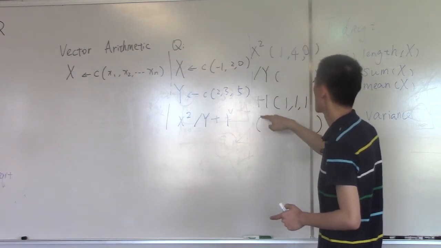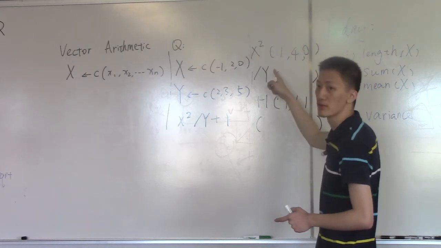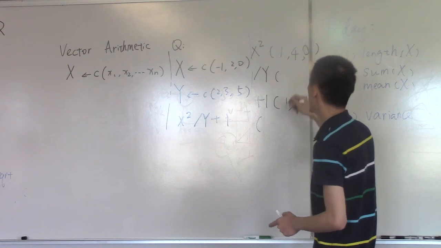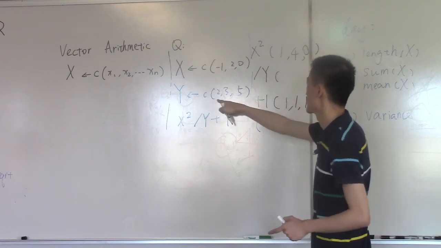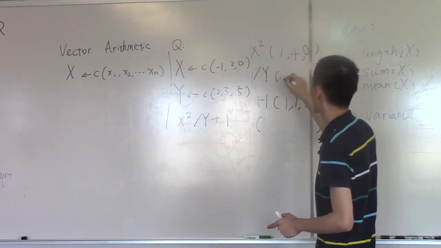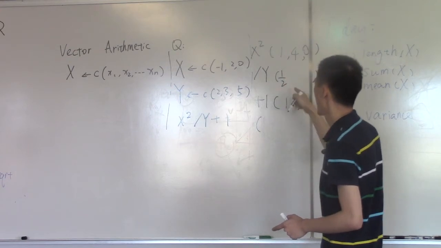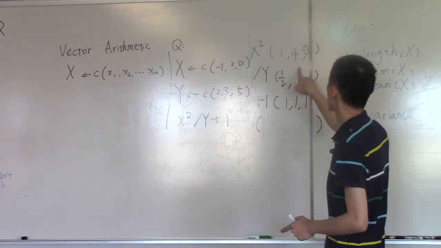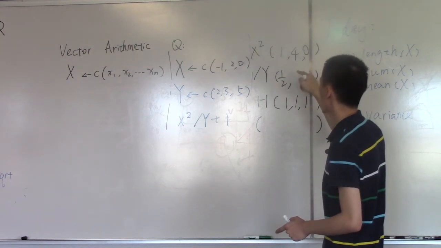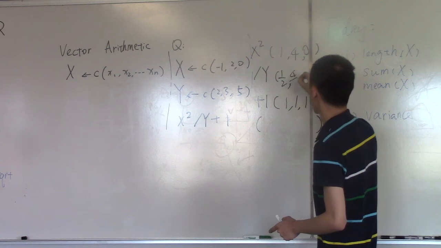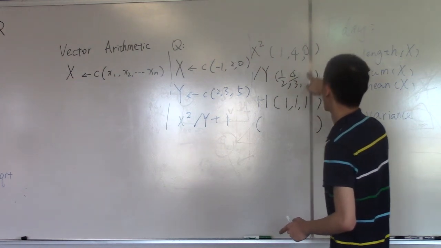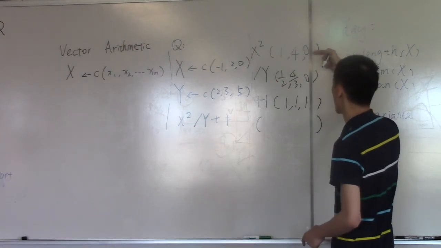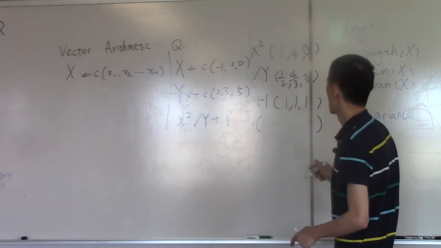Next, we're going to divide by each component of vector y. So 1 divided by 2 will give you a half, 1/2, sorry. And this is 4 divided by 3. And the last one is 0, because you have a 0 on the top.